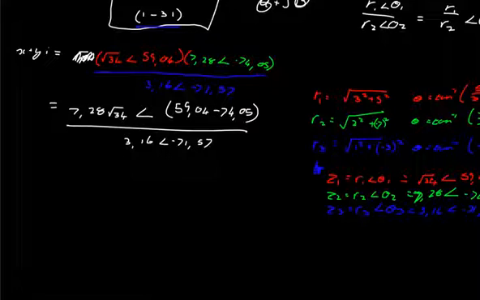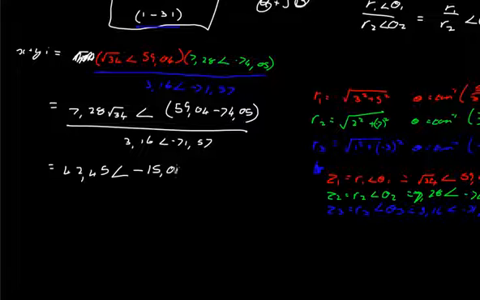Alright, so let's simplify this top piece and then we'll do our division. 7.28 times the square root of 34 is equal to 42.45 angle, then 59.04 minus 74.05, so the angle is minus 15.01 degrees, over 3.16 angle negative 71.57.